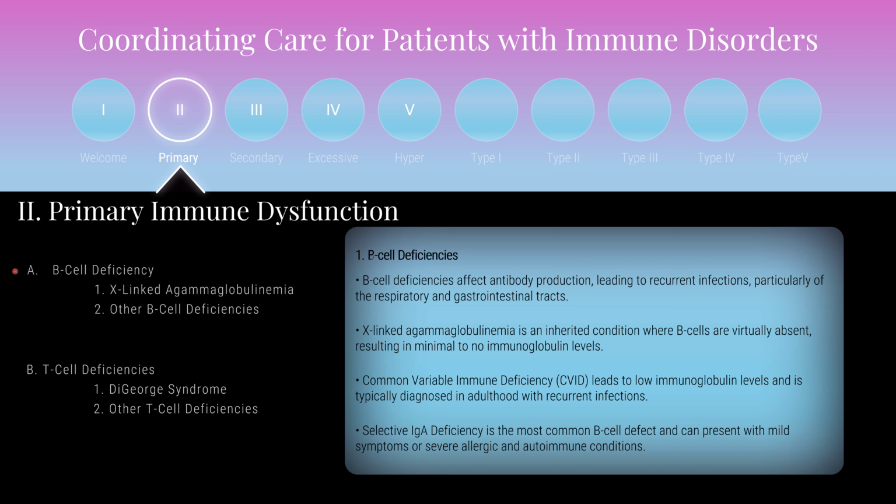The B cell deficiencies affect antibody production, leading to recurrent infection, particularly of the respiratory and gastrointestinal tracts. The X-linked agammaglobulinemia is an inherited condition where the B cells are virtually absent, resulting in minimal to no immunoglobulins.